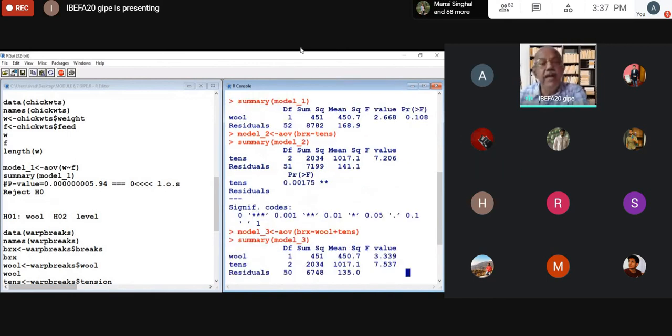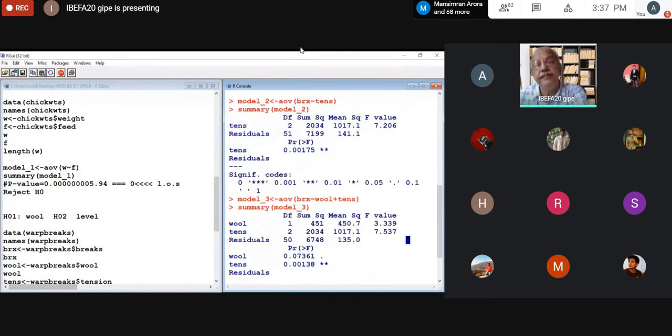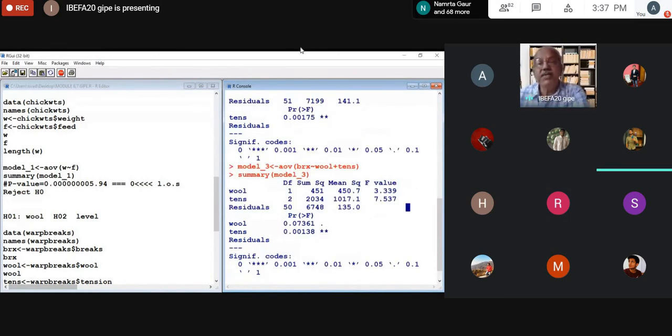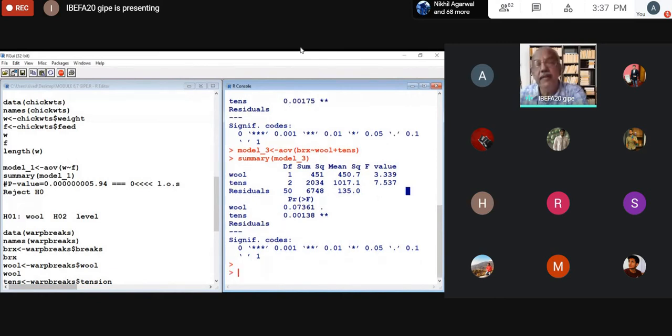For the level, reject H naught. Correct. See both the answers on the summary together. Come on, see the conclusion. Sir, we accept for wool and we reject for tension.